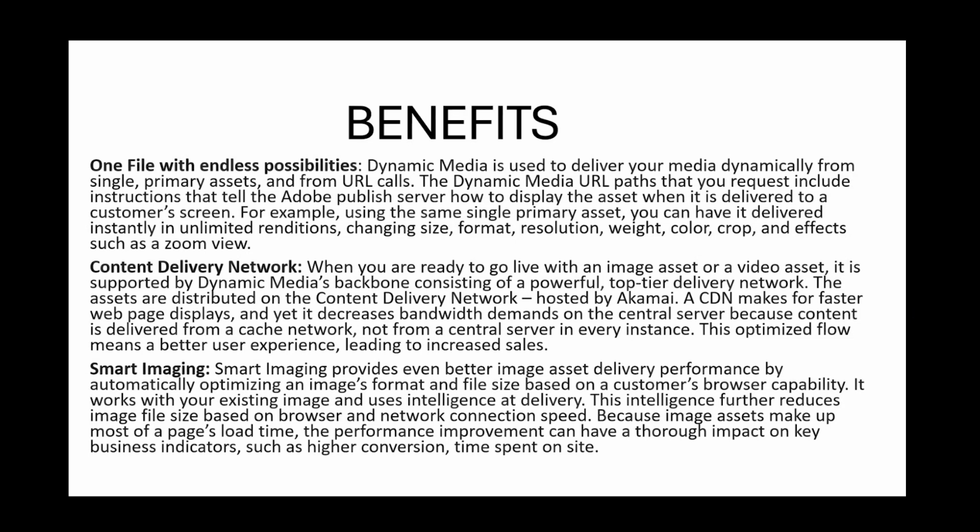So for different requests, it will generate a different size of image and return it as a response. That is the reason it is smart enough to provide the response. Though this is just a very crisp set of benefits, there is a very big list of benefits that we can leverage with dynamic media.